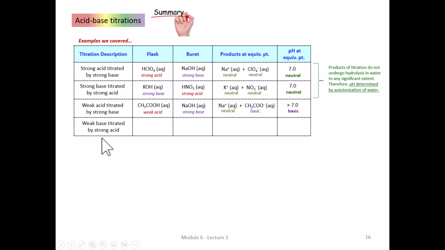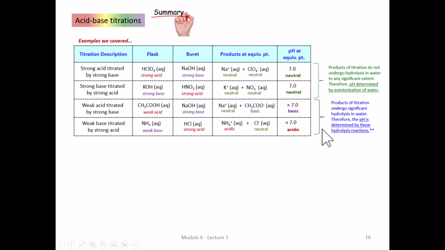For a weak base titrated by a strong acid, our weak base in our example was aqueous solution of ammonia, titrated by the strong acid hydrochloric acid. The products at the equivalence point were ammonium ion, which is acidic in water, and chloride, which is neutral, so we expect the pH to be less than 7 at the equivalence point.